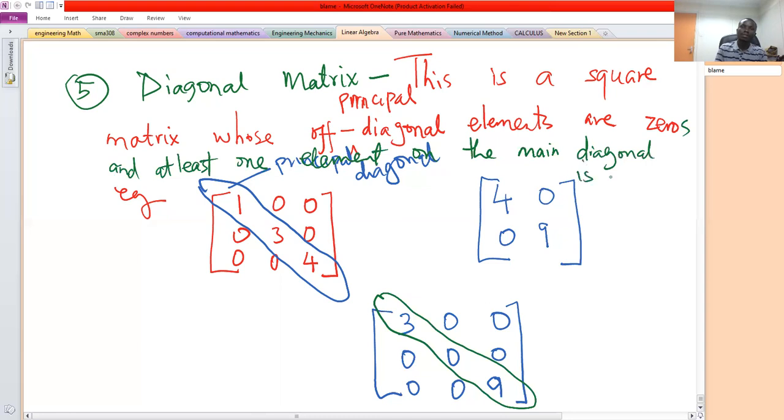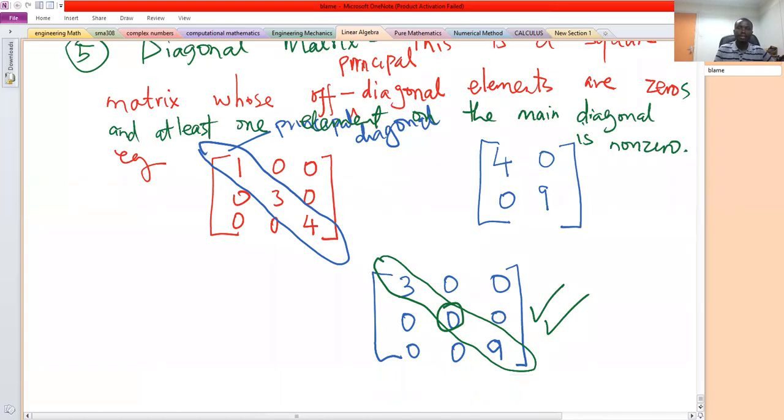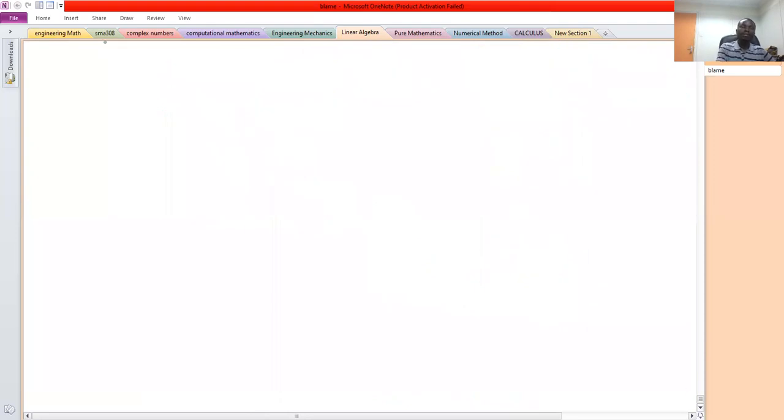So despite the fact that this element is 0, all off-diagonal elements are zeros and we have at least one non-zero element here, so this is also a diagonal matrix. You can give several examples of the same type.